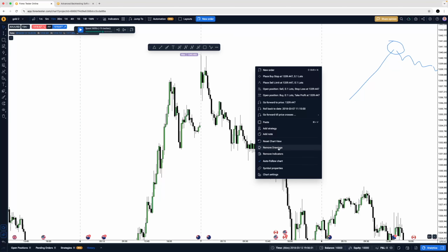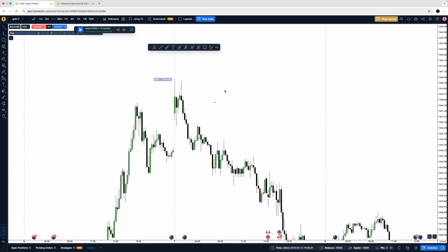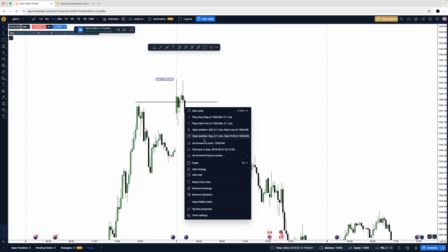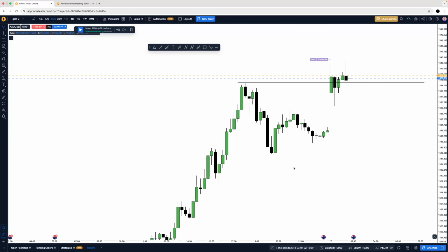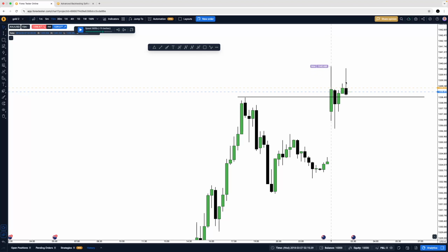Like on this area, remove all the drawings. You can clearly see that we have a move to the upside like this. Let me roll back like that. You can clearly see that we have a move to the upside like this.